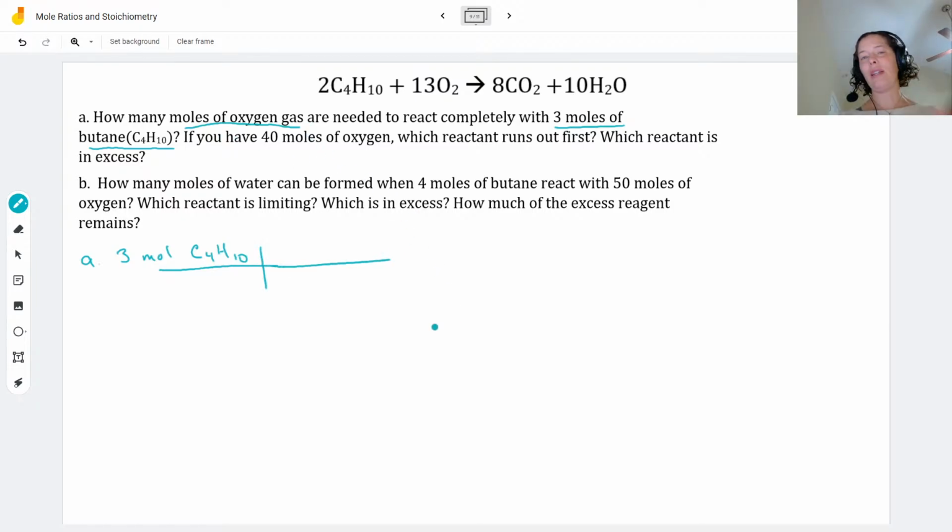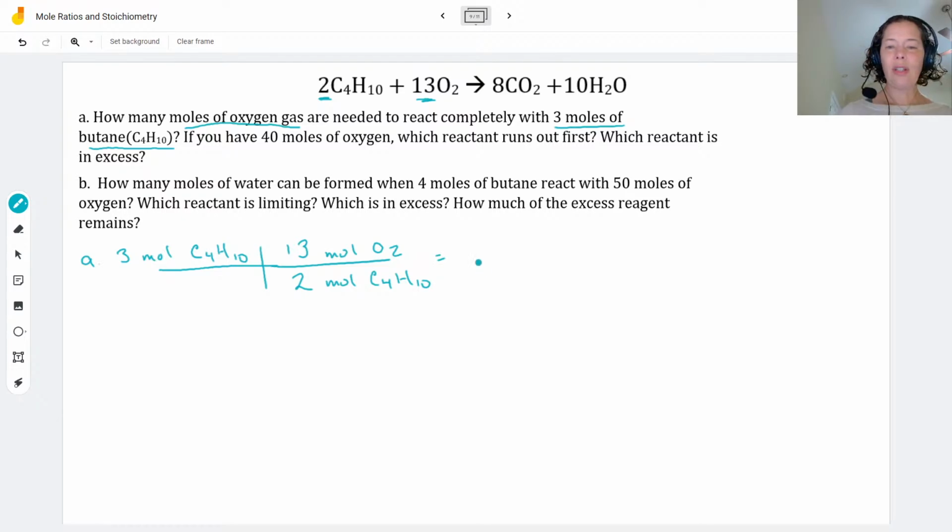So this is like we did in the first part. I just want to make sure that my moles of butane cancel, and I'm trying to predict moles of oxygen gas. All right, so there are my units. Let's go to my balanced chemical equation and put in my mole ratio. For my butane, I have a 2 in front of my butane, and for my oxygen, I've got a 13. So my mole ratio is 2 to 13.